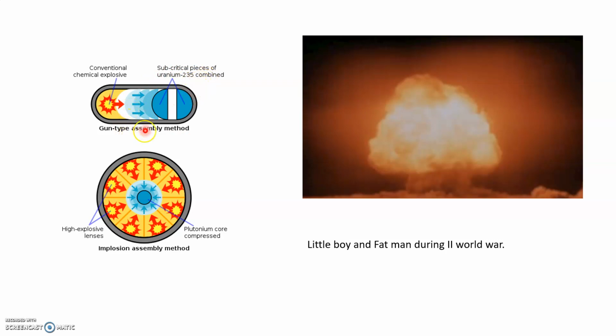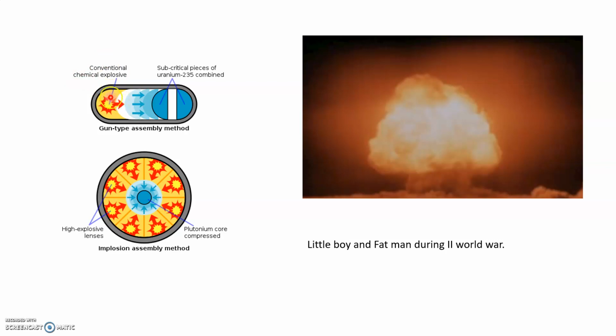So, in the gun type assembly method, two pieces of subcritical uranium-235 are combined by a small chemical explosion, so that these two subcritical pieces are joined together to form a critical mass or supercritical mass of uranium-235, so that it can undergo a nuclear chain reaction in an uncontrolled manner.